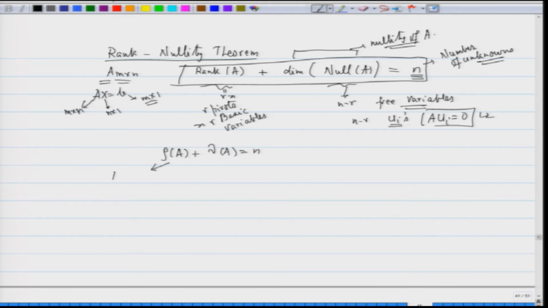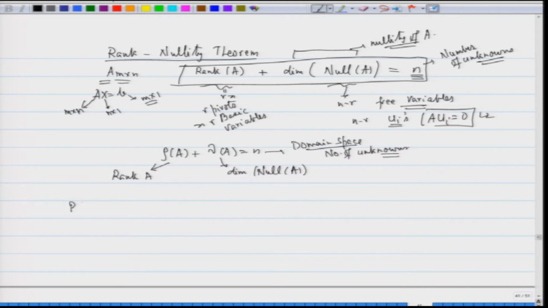So, this is for the rank of A, this is for the dimension of the null space of A, and n is whatever the domain space is, or the number of unknowns. So, let us use whatever theory we have built up to understand it.